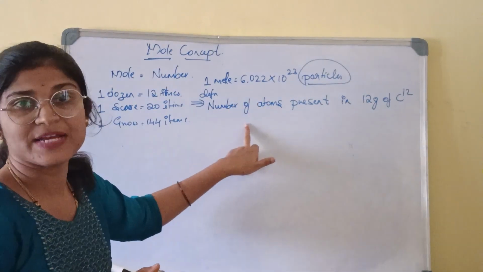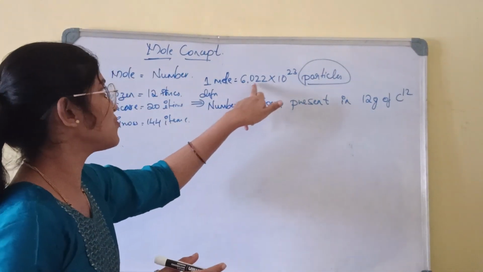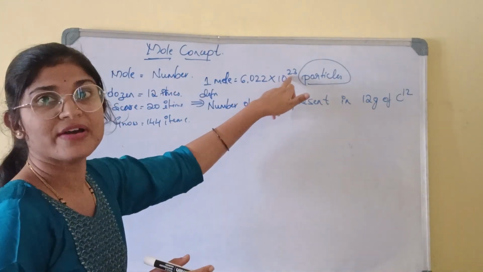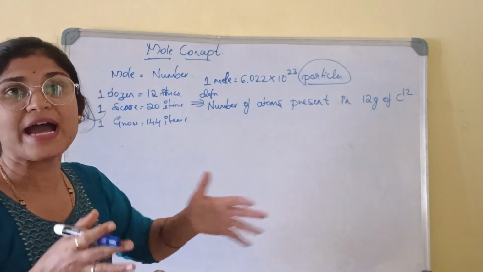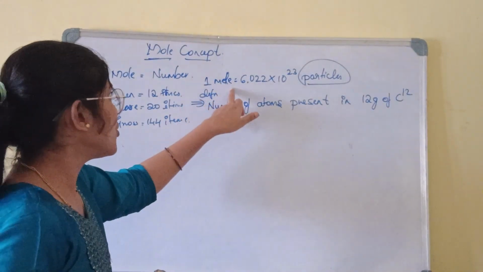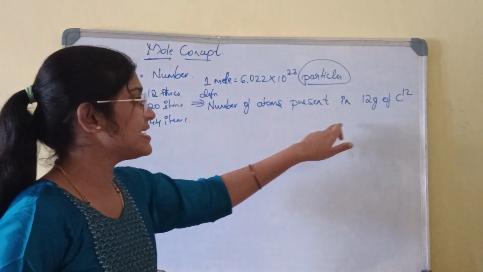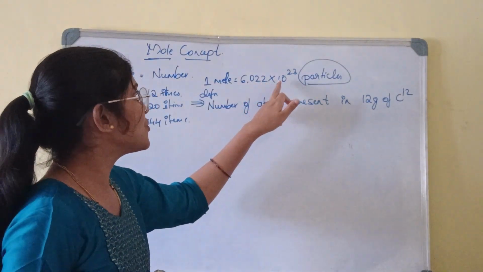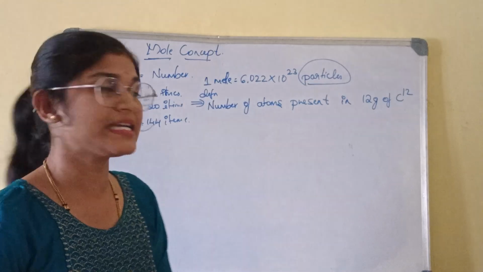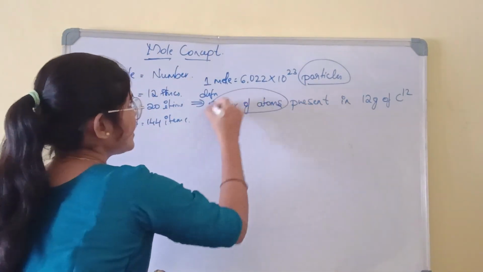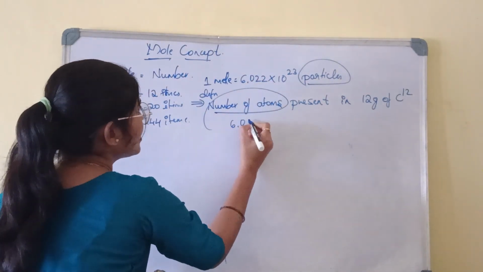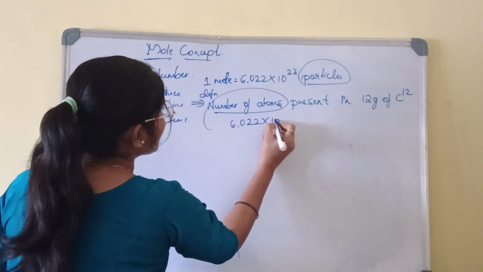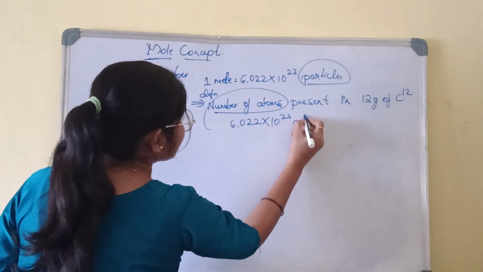The number of atoms present in 12 gram of carbon 12 is 6.022 into 10 to the power 23 atoms.